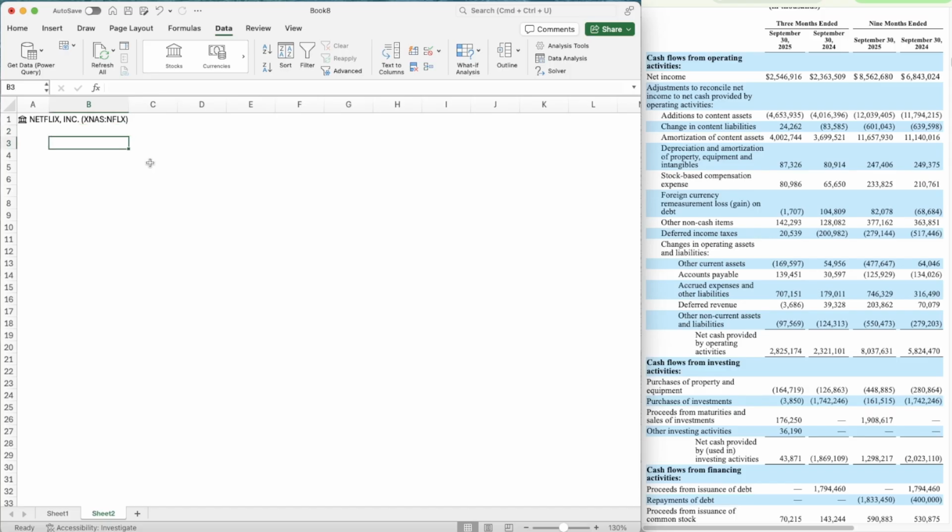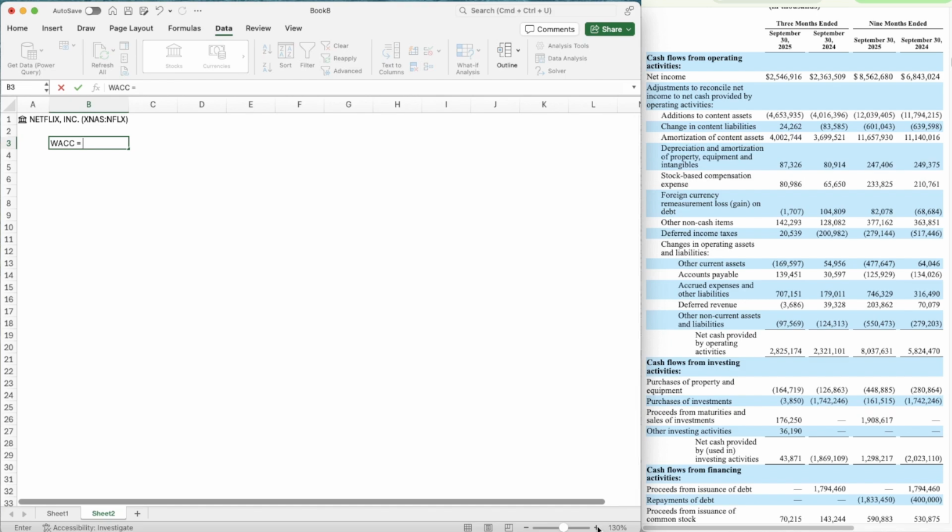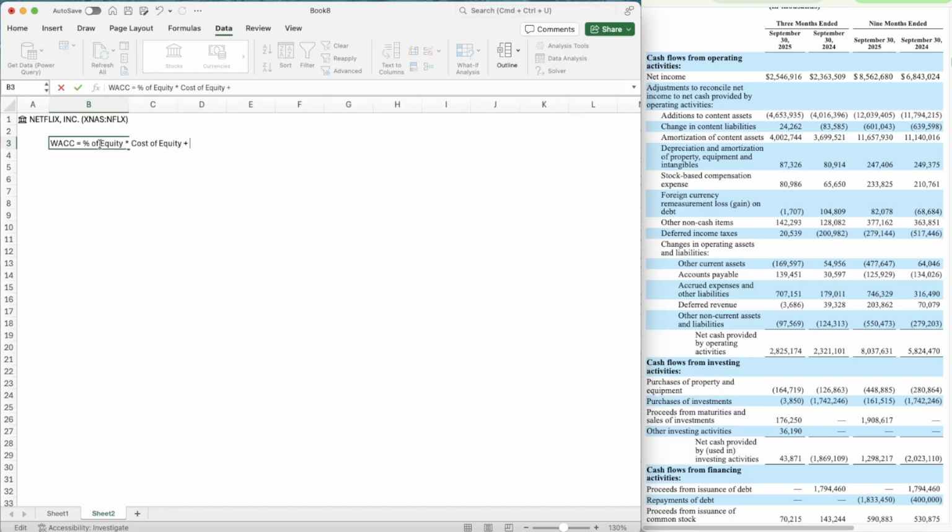The first thing we need is the weighted average cost of capital, WACC. What that is, it's your percentage of equity multiplied by your cost of equity plus your percentage of debt multiplied by your cost of debt multiplied by 1 minus your tax rate.